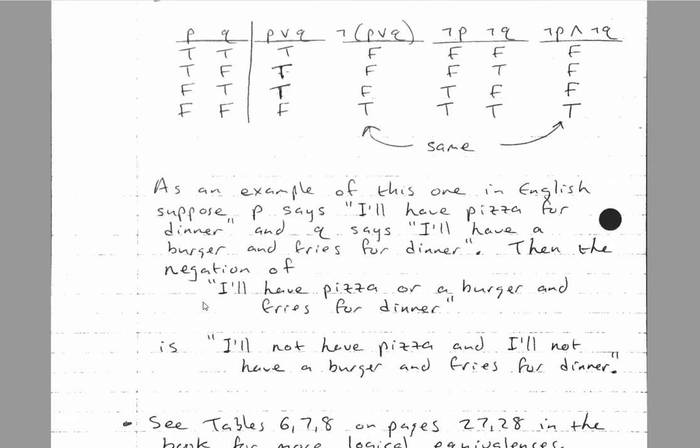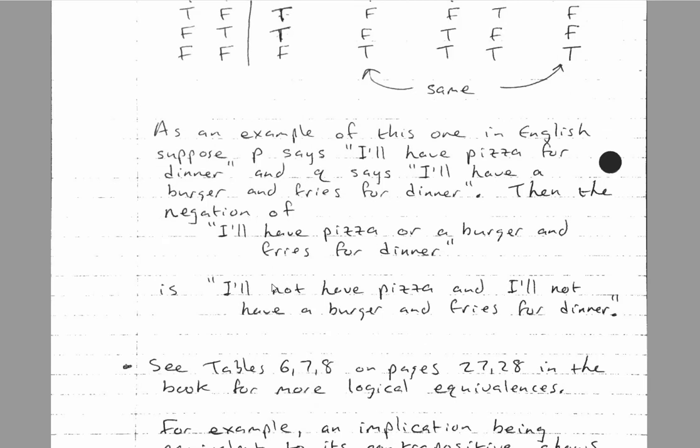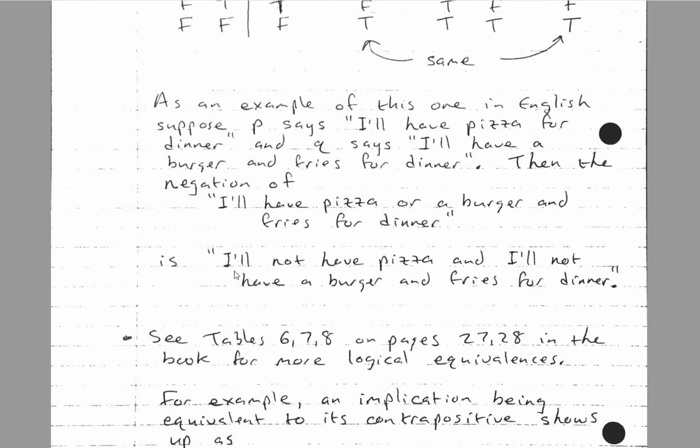So if it's not the case that I'll have pizza or a burger and fries for dinner, okay, so the negation is, according to De Morgan's law, not P and not Q. So if I'm not going to have pizza or a burger and fries, that's equivalent to I'll not have pizza and I'll not have a burger and fries for dinner.